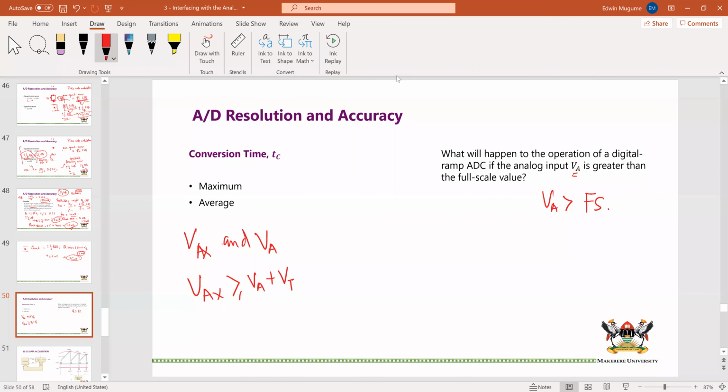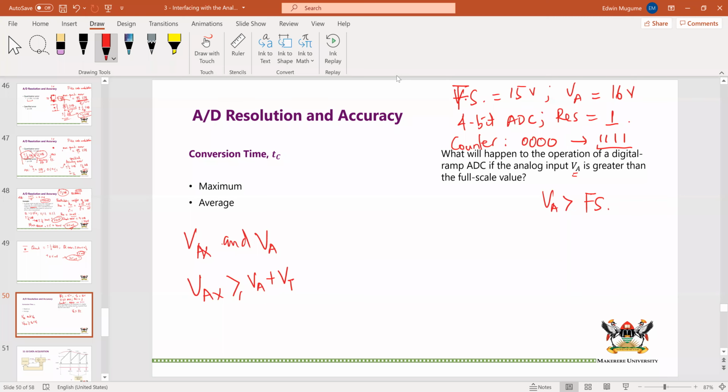Let's assume that my full scale is 15 volts, but VA is 16 volts. Here I'm using a 4-bit ADC, resolution is equal to 1. It means you have a counter that counts from 0000 to 1111.